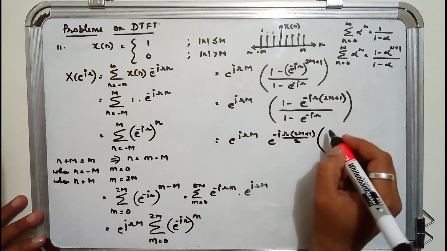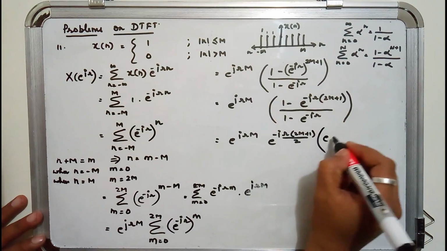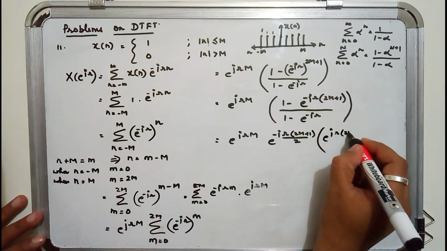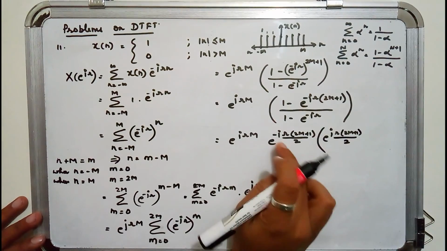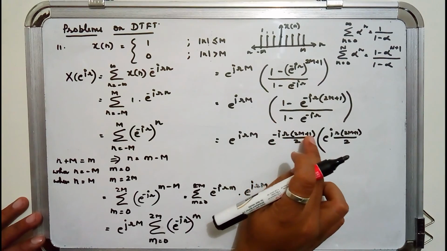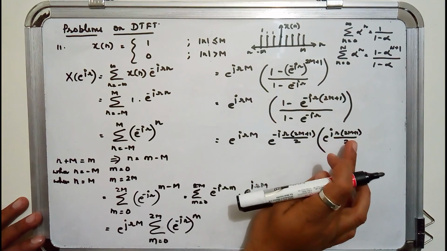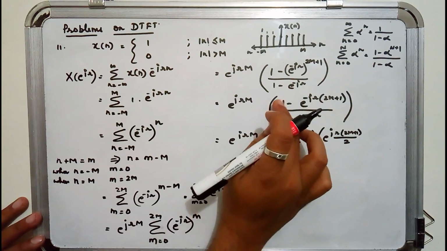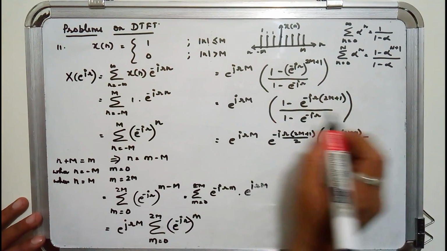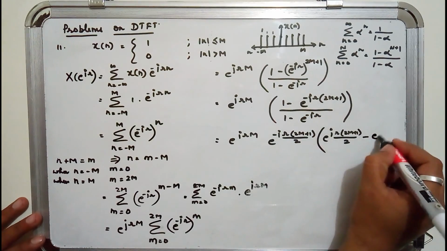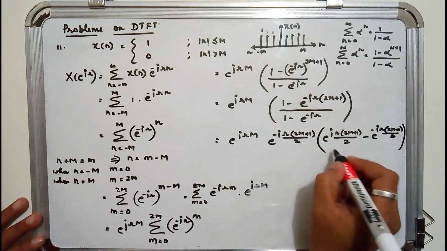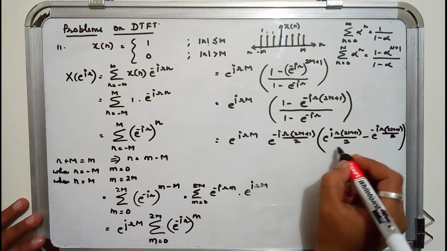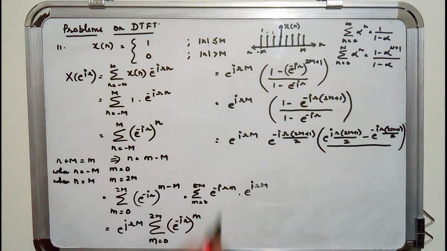If I take it out, what I'll get here is e power j omega (2M plus 1) by 2, because minus j omega (2M plus 1) by 2 into j omega (2M plus 1) by 2 will be e power 0, that is 1, minus e power j omega (2M plus 1) by 2, since I have taken half of it out. So this is what I get in the numerator.